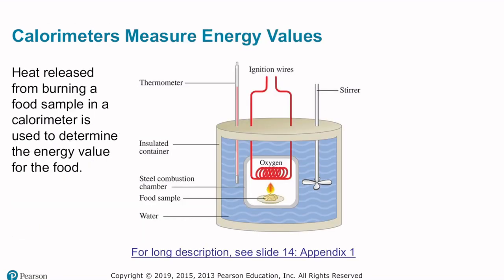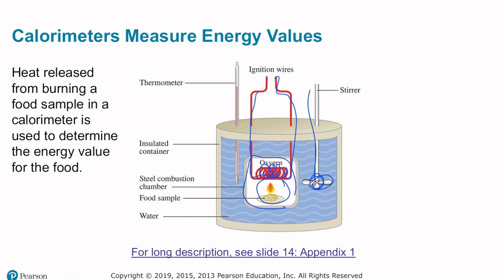Here's a diagram of a calorimeter. The food sample is placed into a chamber called a bomb, where ignition wires also exist. There's oxygen injected into the bomb area, and a stirrer stirs the water surrounding this steel combustion chamber.